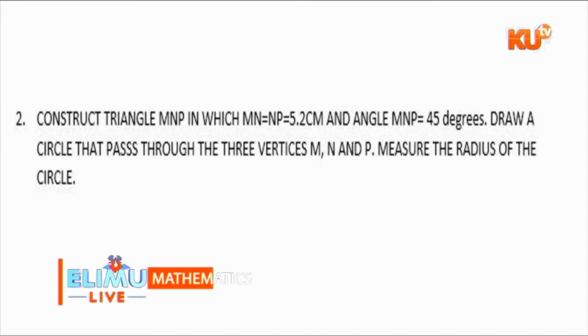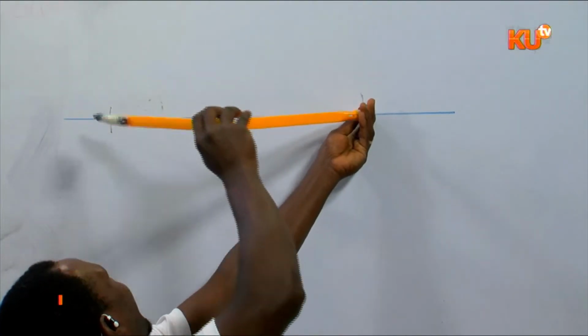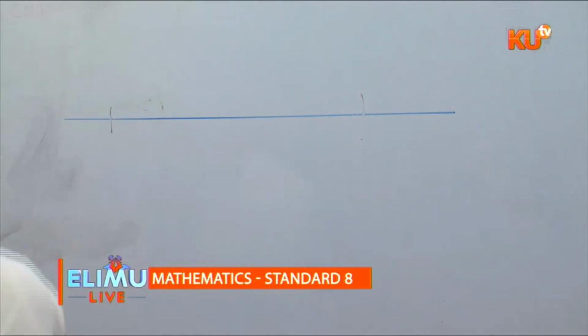And these 5.2 centimeters, you just come here, leave a small space, and then you place it there, put a small arc once, then come where we have the arc, put another arc, then label those points.